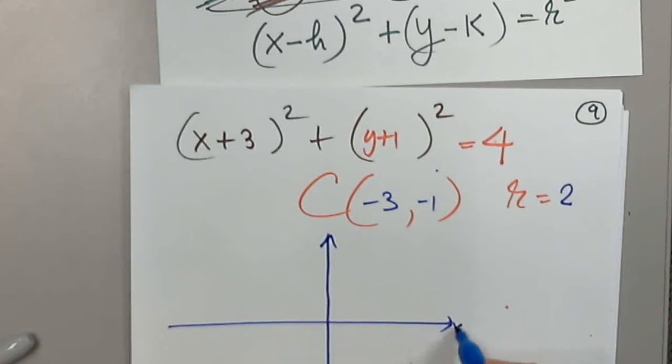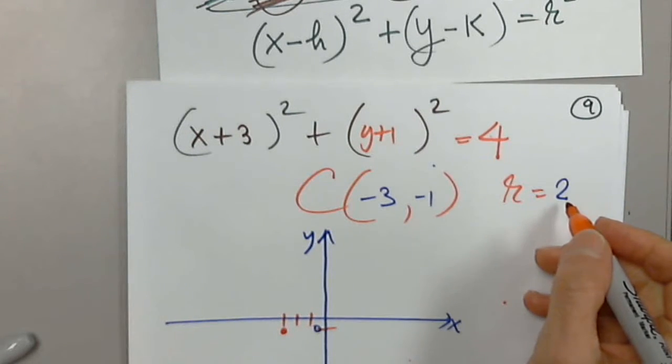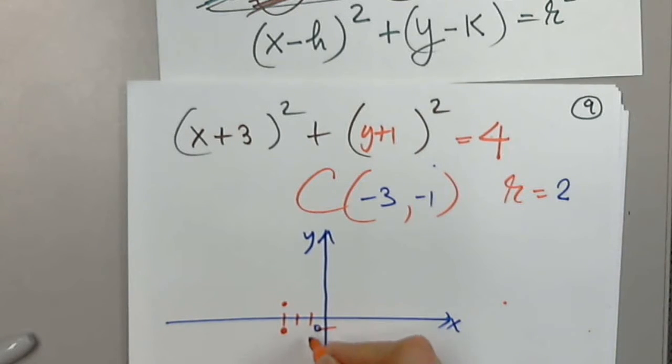So when I'm asked to graph a circle, where do I start? What do I have to do first? The center. Very good. Negative 3, negative 1. Then I will create 4 points. East, west, north, south. 2 units away. 1, 2. 1, 2. 1, 2. 1, 2.